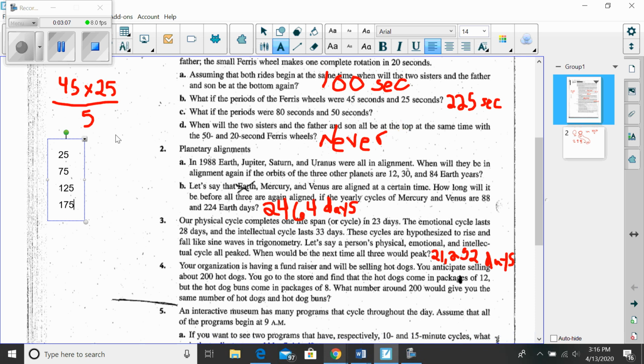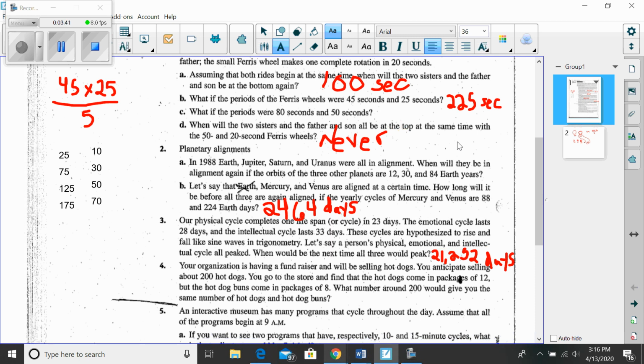So I keep on adding 50 to these. Now the first time I'm ever at the top on the smaller one is at 10 seconds, since it's got a 20-second cycle. Then I'll be at the top again, and I keep adding 20, at 50 and at 70. We can see this is always going to end with a 5, and this is always going to end with a 0. So it's never going to happen that they are at the top at the same time.